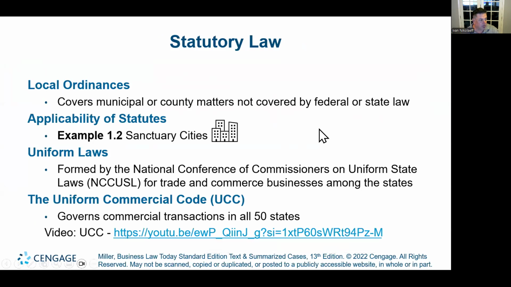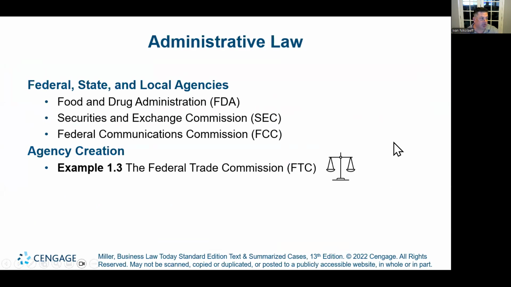Let's see here. We get into administrative law, and this is usually handled by different agencies, whether they be federal, state, or local agencies. And so we may also have levels of agencies. You may have a federal, let's say, Environmental Protection Agency, but we may also have a state level Environmental Protection Agency that takes into account specifics that have to do with the state of Colorado.